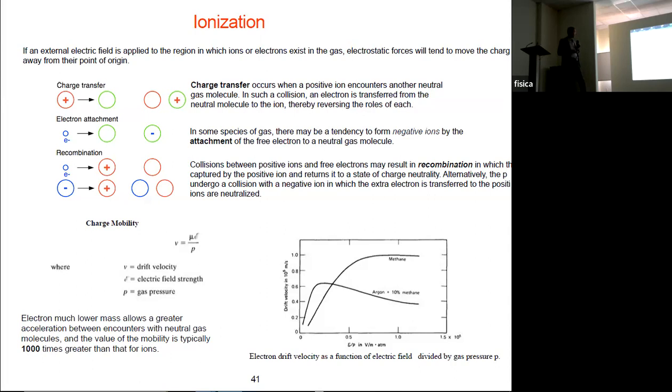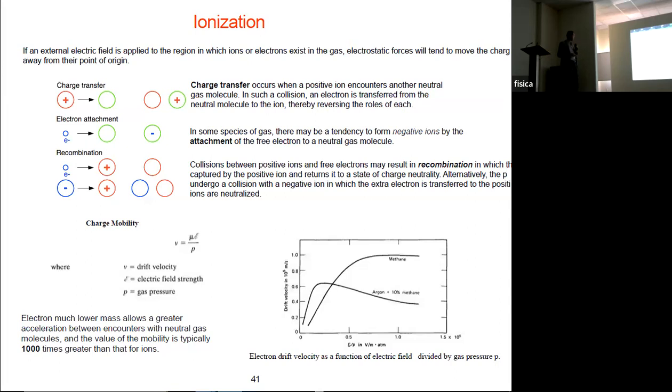And how we do this: we apply an electric field, and under the influence of the electric field, ions and electrons start moving towards positively or negatively charged electrodes. And in this way, we get a parameter which is called drift velocity. Actually, this is the speed of electrons or ions moving under the influence of the electric field.